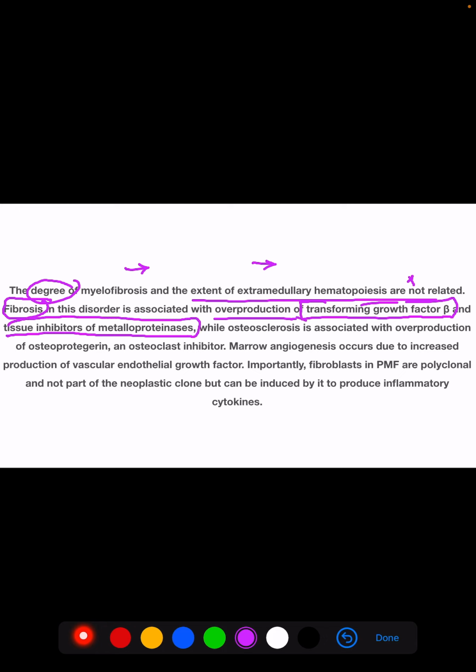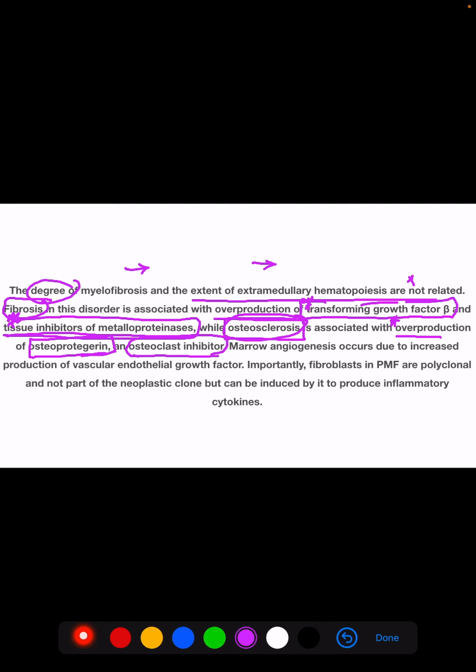While osteosclerosis is associated with overproduction of osteoprotegerin and osteoclast inhibitor.